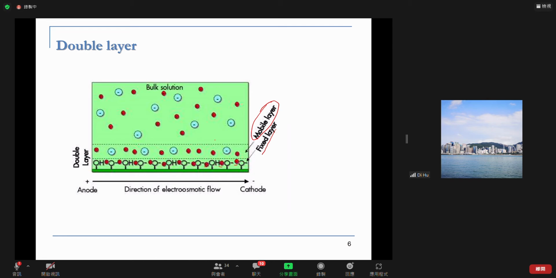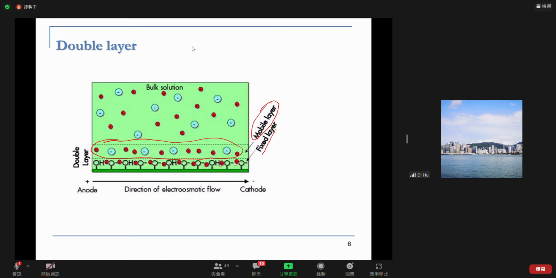Can anyone tell me what the overall charge of this mobile layer is? Is it electrically neutral or positively charged overall? The net charge of this mobile layer is positive.